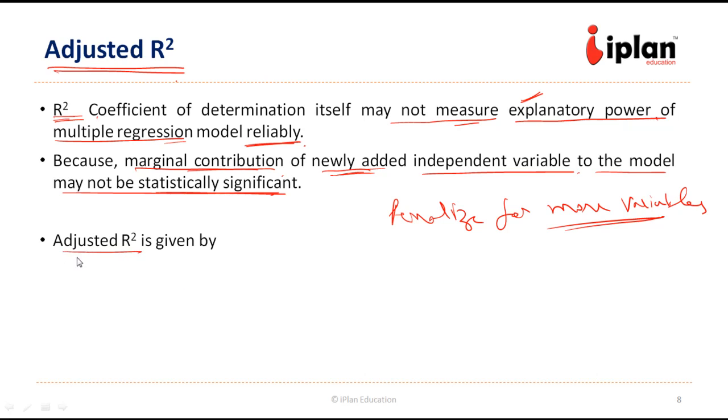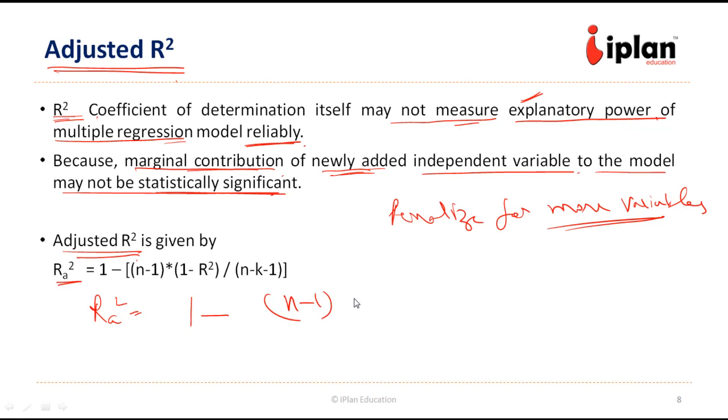The adjusted R square formula is given by, this is RA square, that is adjusted R square, 1 minus (n minus 1) into (1 minus R square), where this R square is the original coefficient of determination, divided by (n minus k minus 1). We already know n is the number of observations in the sample and k is the number of independent variables in our model. So this is how we calculate the adjusted R square value.